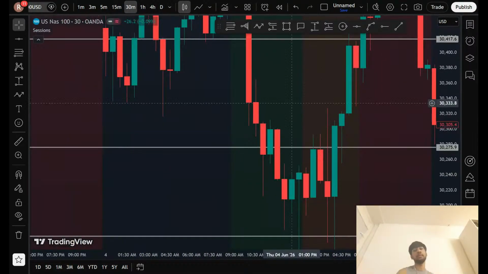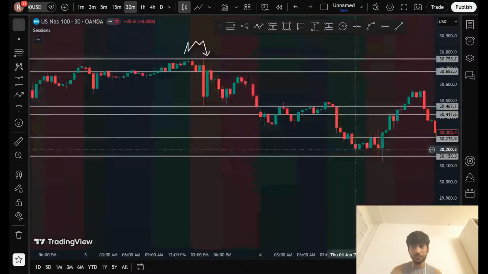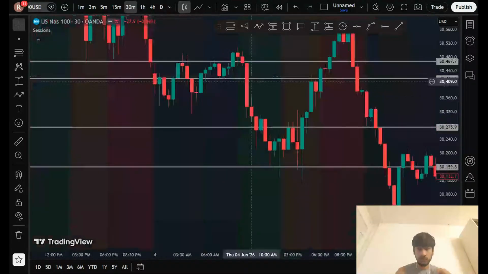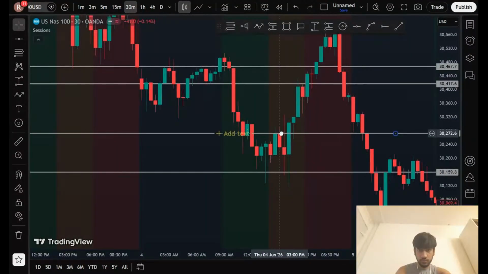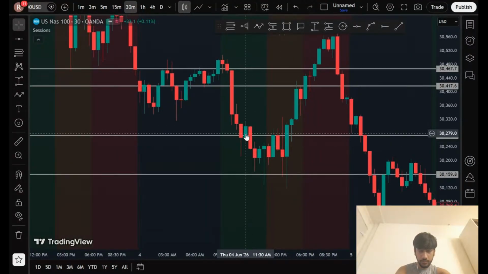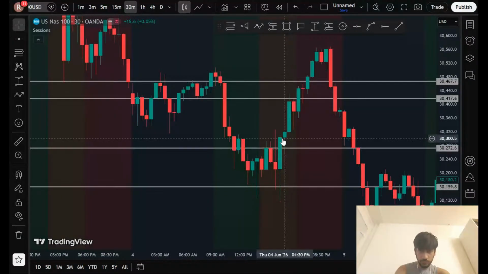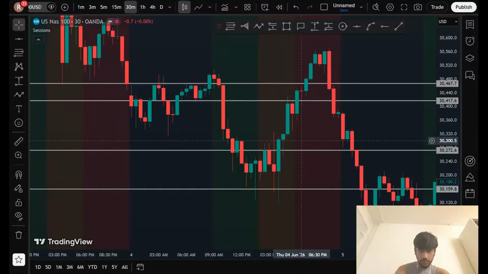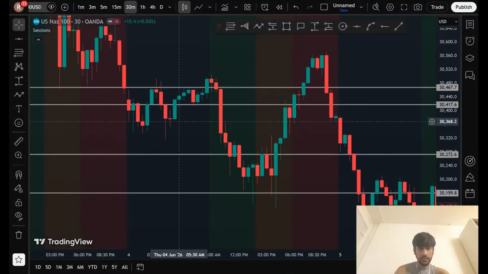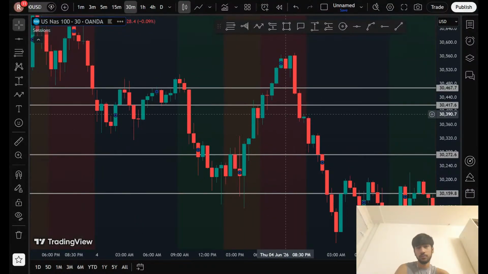See, on 30 minute, it made sense, I think, to buy. But we moved down, right? We came down, formed support, moved up, nothing, sold. This candle closed healthy bullish. No, I don't like this, even if it went up.